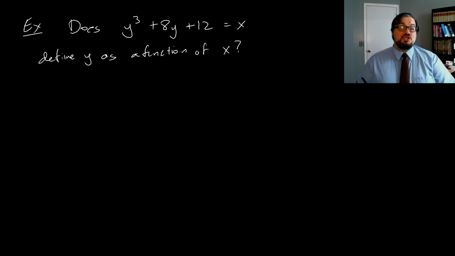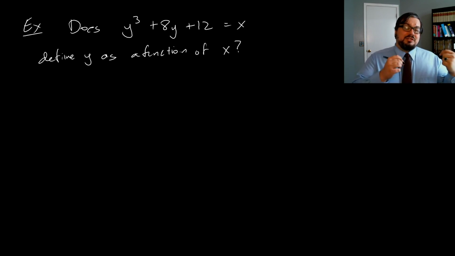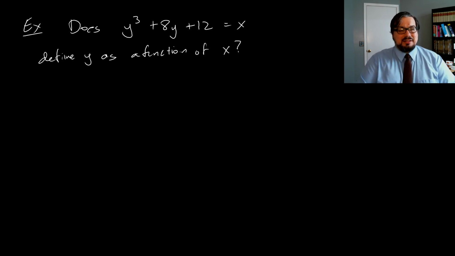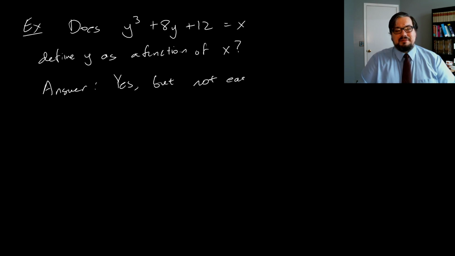You need to be able to show, as we did in the past couple of examples, that there are in fact two different y's that go with a single x in order to show that y is not a function of x. In this case, as it turns out, you can't do that. In this case, the answer is yes, but it's not easy to see.